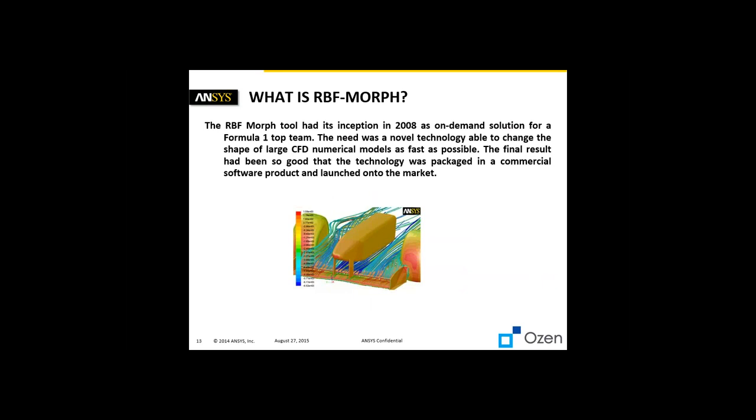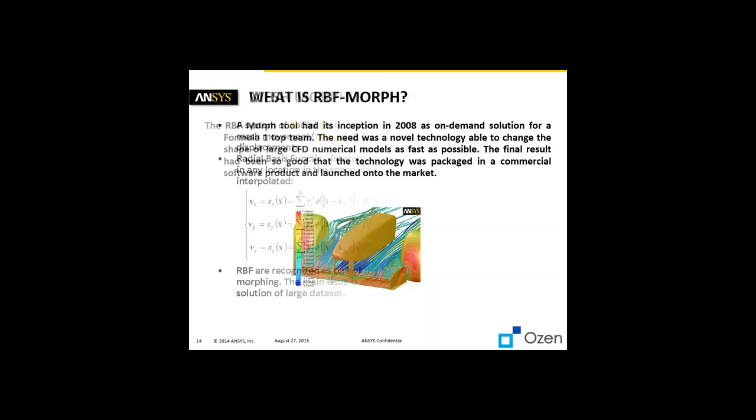In Fluent, they were looking especially at F1 formula cars. This is a true story. In F1 cars, a slight adjustment on these parts makes a big difference in the pressure distribution, but you don't want to recreate the geometry just for a slight adjustment. You take the current mesh and you morph the mesh.